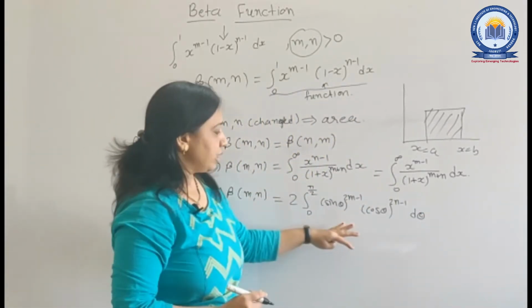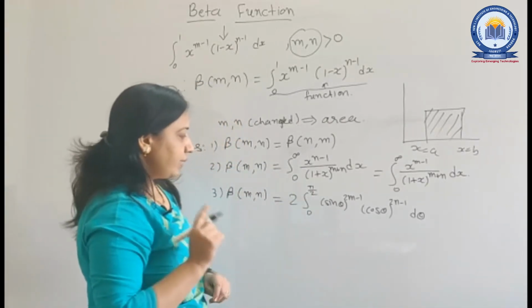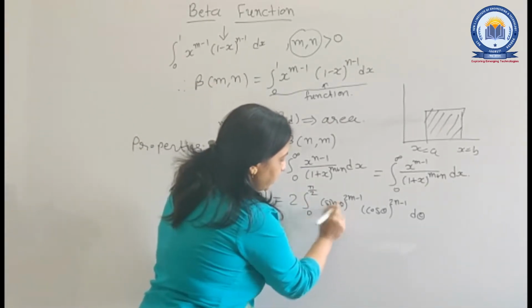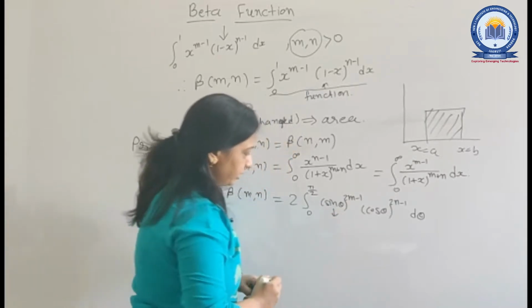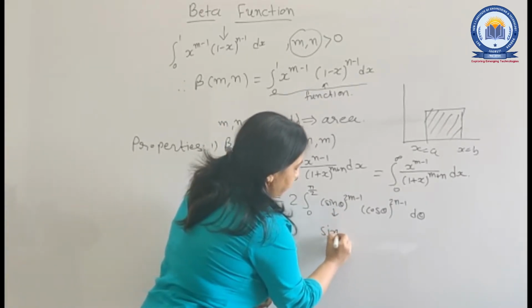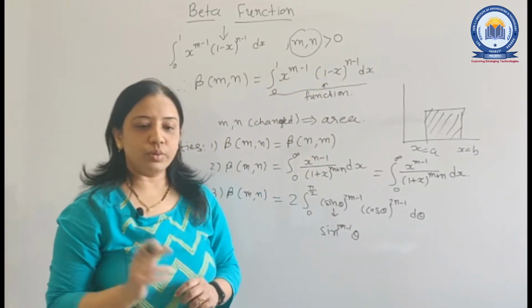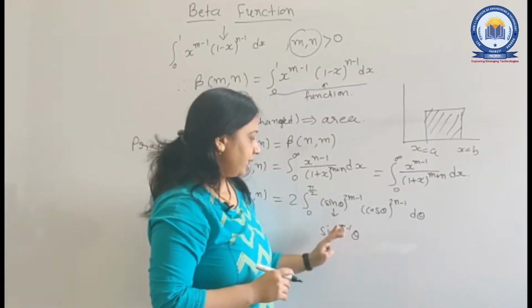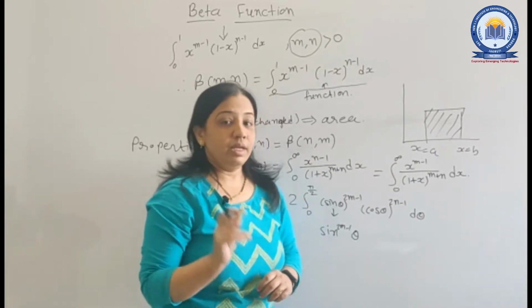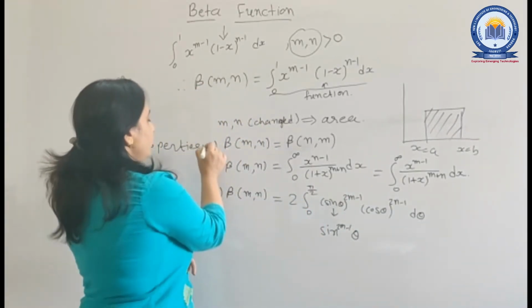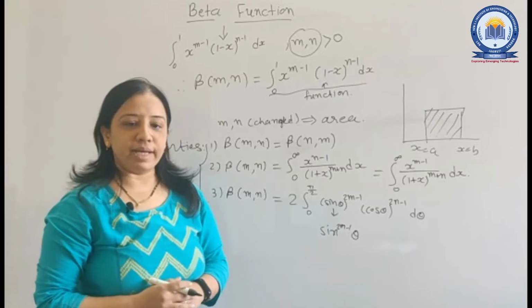So this is also one of the properties. Now in some books it may be written the other way, with cos theta raised to 2m minus 1 and sin theta raised to 2n minus 1. That is also a true one. You can write it both ways. Now we'll prove these properties one by one.